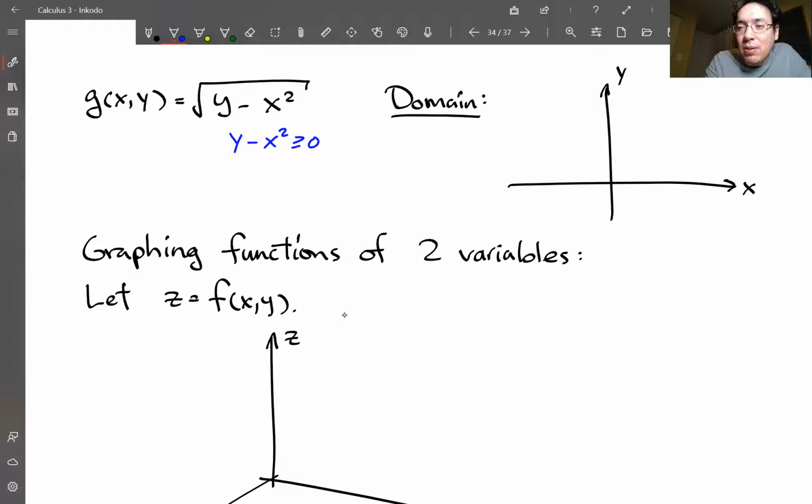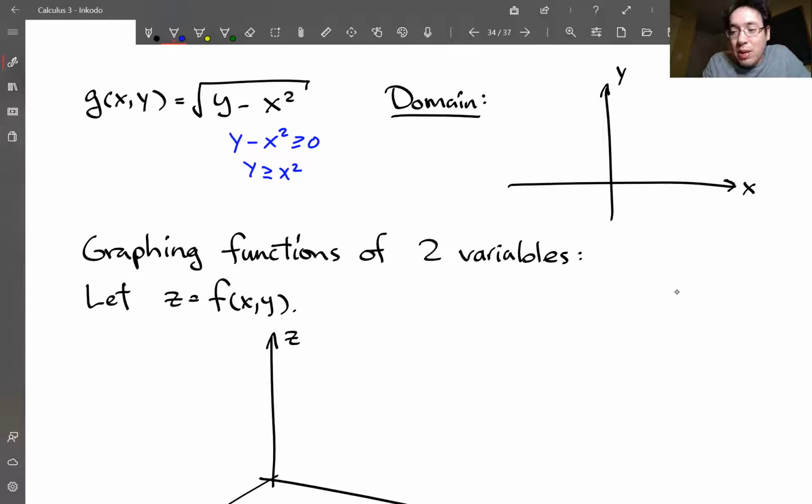So what does that domain look like? It might be a little easier if we rewrite this inequality this way. Bringing the x squared over to the right-hand side by adding x squared to both sides, we get y is greater than or equal to x squared. Still might be a little bit weird to graph, but we know how to graph y equals x squared, right?